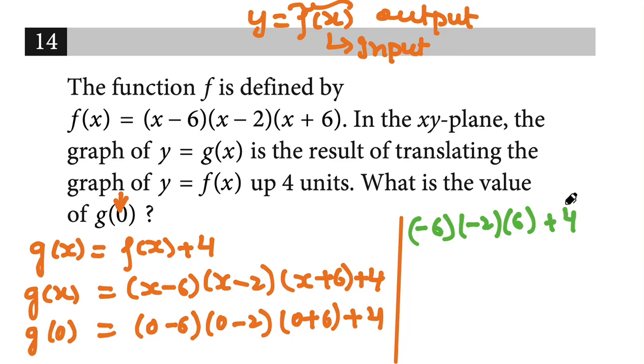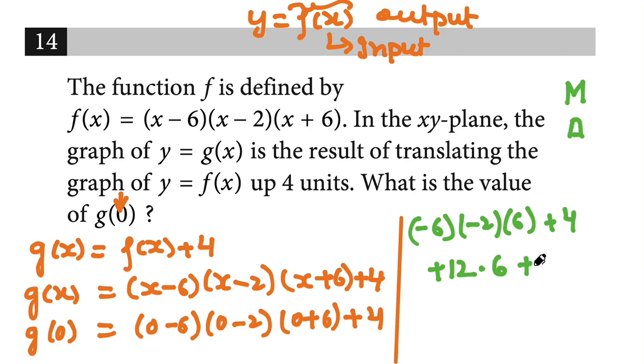You cannot do 6 plus 4 equals 10. In the sequence, multiplication comes first and then addition. So negative 6 times negative 2 is positive 12. When two same signs are multiplied, the result is always positive.